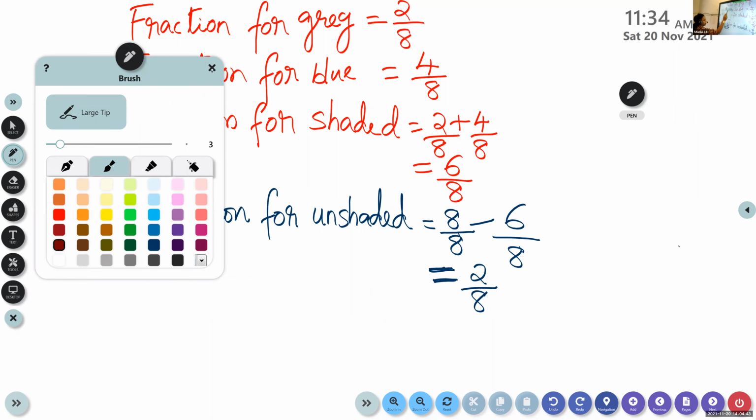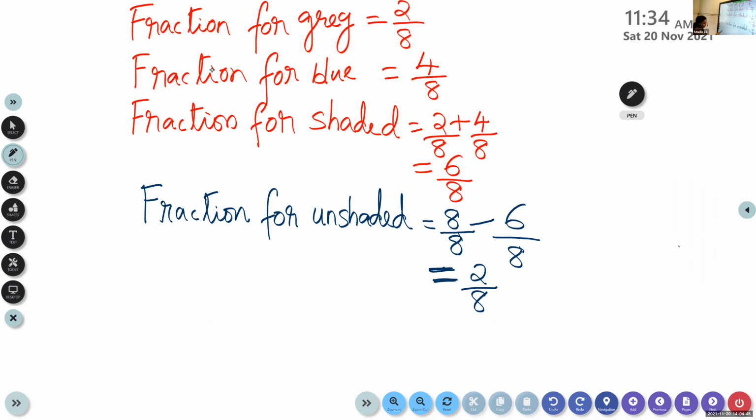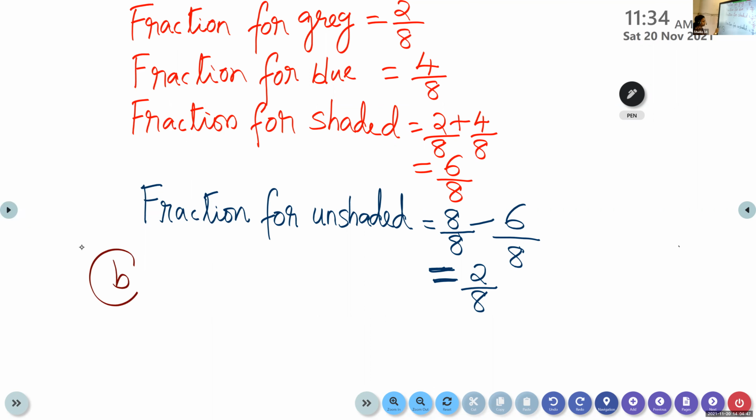So children, we can write here question number B. You can write on the right side. Total parts.